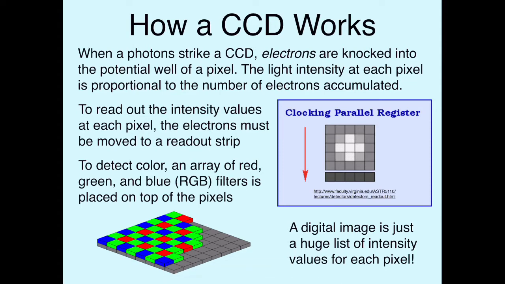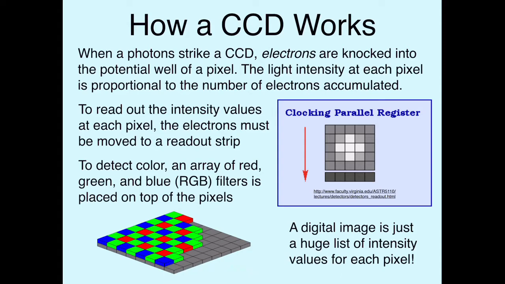In other words, a light particle comes in, it knocks electrons into a place where they can be stored in the pixel of the CCD. Basically, the more light particles that are coming in, the more electrons we end up accumulating. So we can measure the intensity of the light by just counting how many electrons we accumulated in each pixel of the CCD.